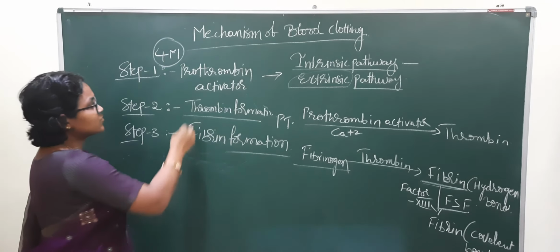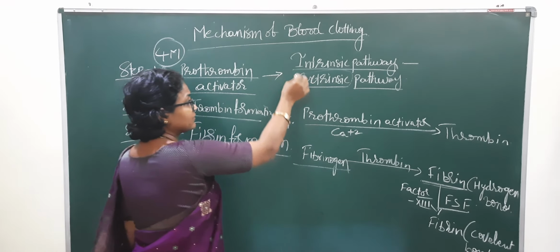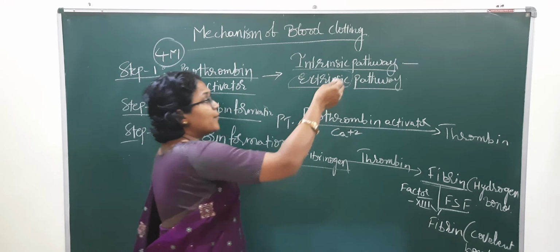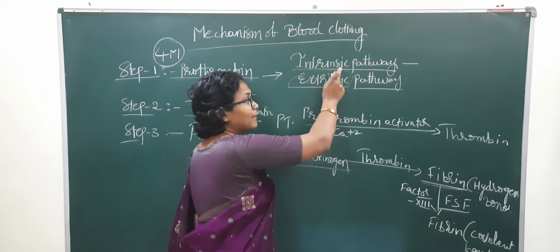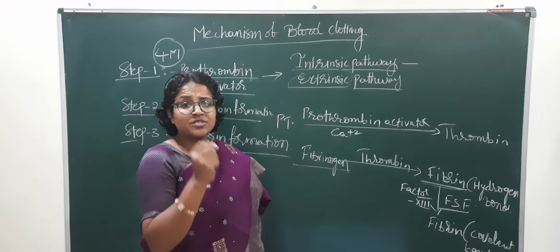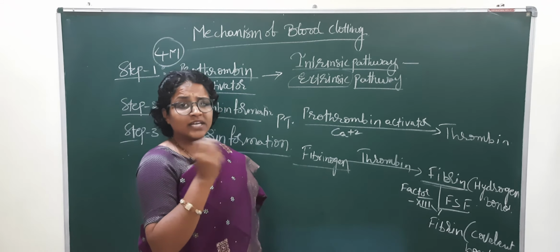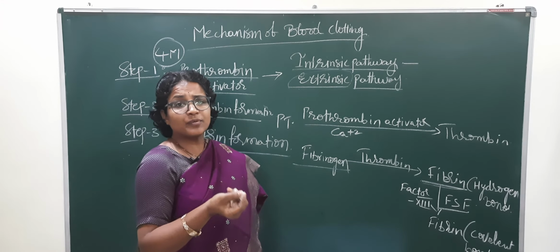Okay, my dear students, formation of prothrombin activator. There are the intrinsic pathway and the extrinsic pathway. When there is damage to a blood vessel, the endothelium of the blood vessel comes into contact with the collagen protein, and that collagen protein activates factor 12, which produces the prothrombin activator.